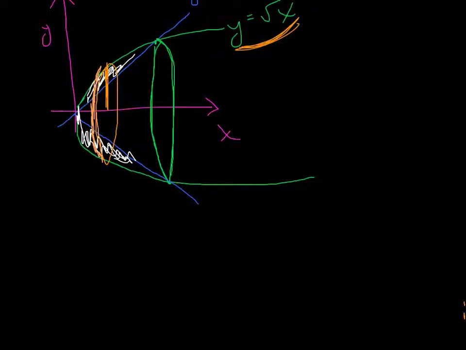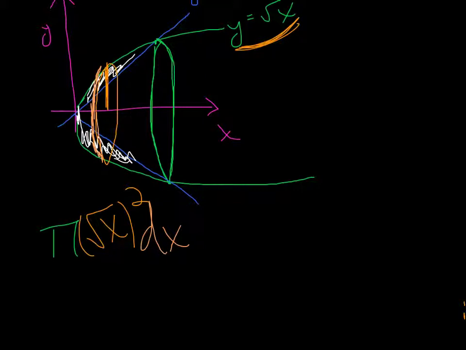So the volume of this entire disk is the depth, dx, times pi times the radius squared. The radius is always the distance from the outer function, so from here to here, it's always going to be the square root of x. So the radius squared is the square root of x, squared.